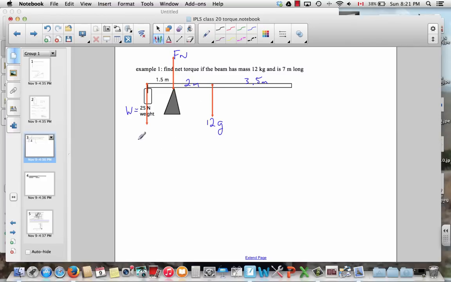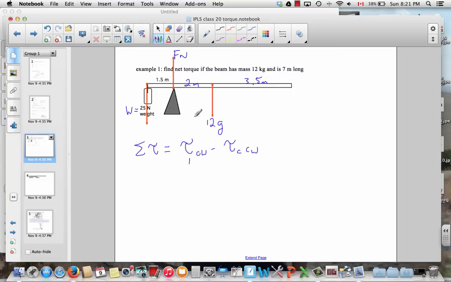Okay, so now we're asked to find the net torque. So the sum of the torques will be, it doesn't really matter, we can just pick a direction. Let's just take the clockwise as positive, minus the torques counterclockwise. That's what we want to find.